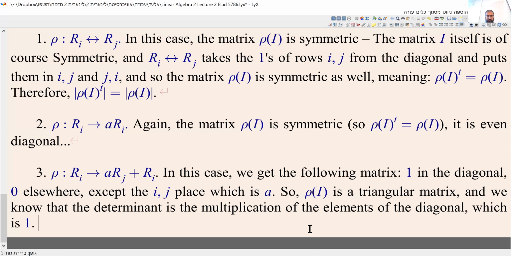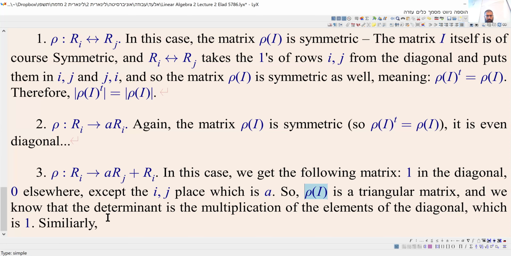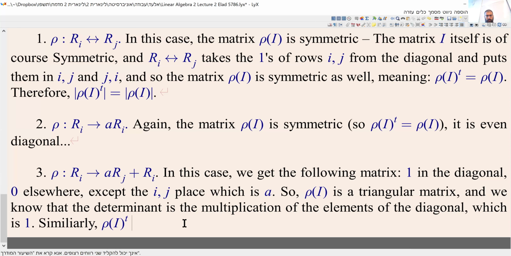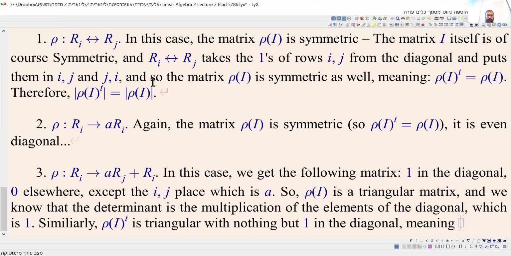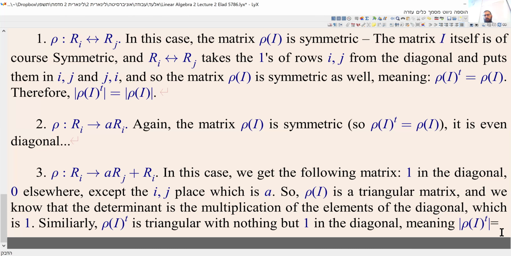Similarly, R_i transpose is triangular with nothing but 1 in the diagonal, meaning the determinant of R_i transpose is 1, 1, 1, 1 as well, which is 1.